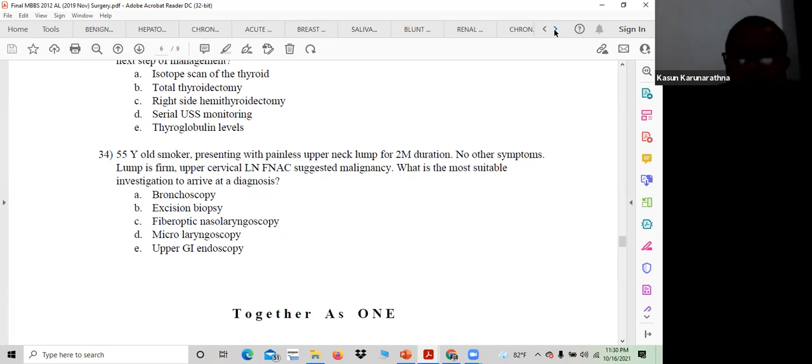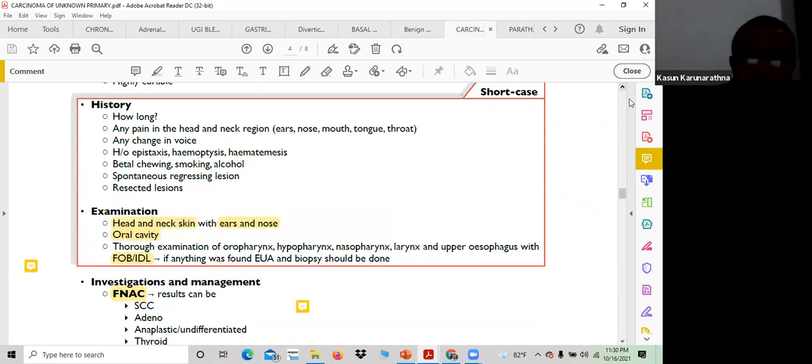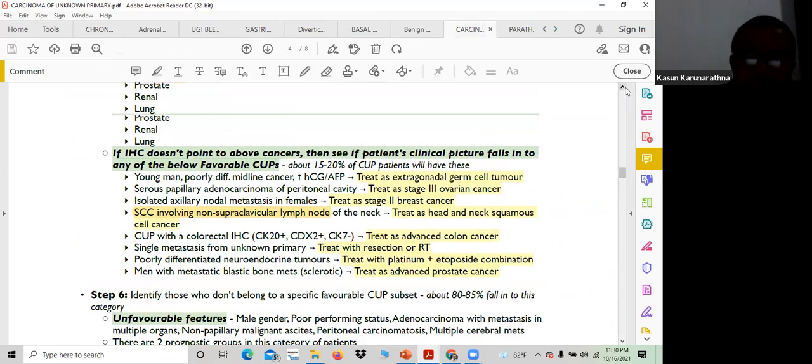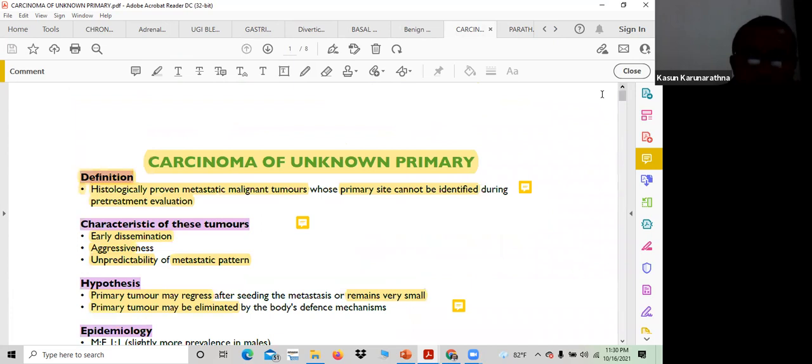Those are the 2 ways of investigating CUP syndrome, carcinoma of unknown primary. Here they haven't given the FNAC findings. They just say malignancy. So we can't give an answer.